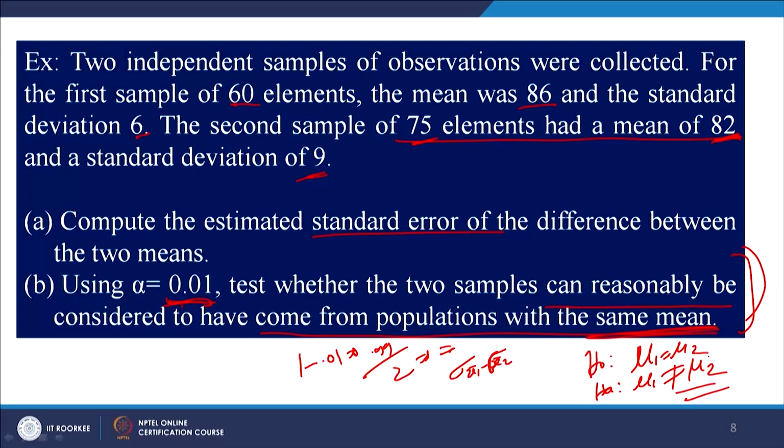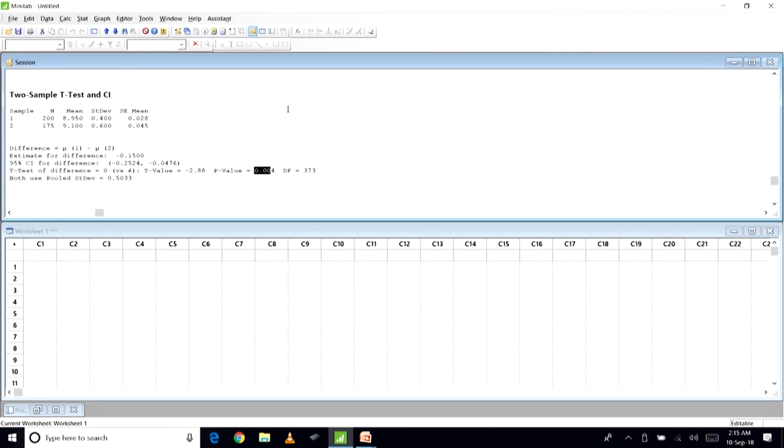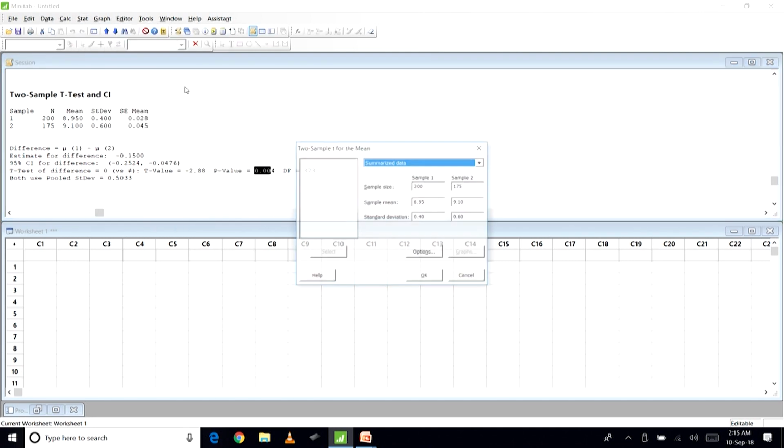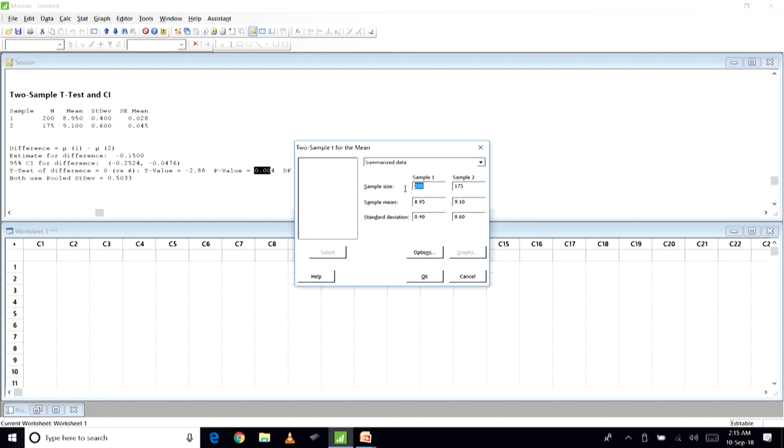Now, we will look at the same example using Minitab. Let us look at data first. It is 60, 86 and 6. So, we will go to Stat, Basic Statistics, two sample t test.